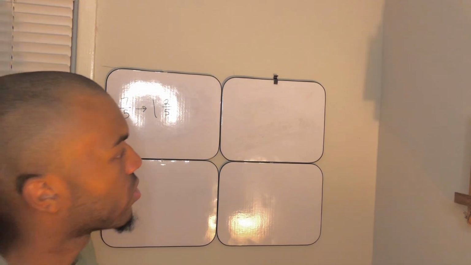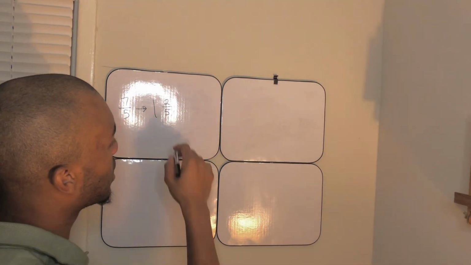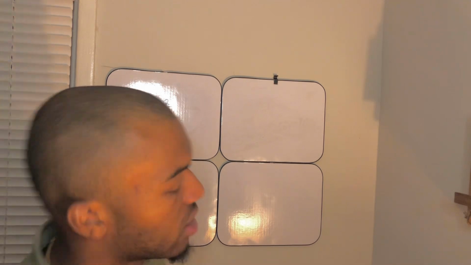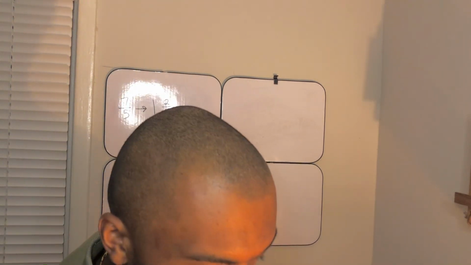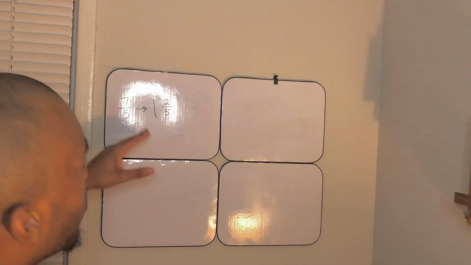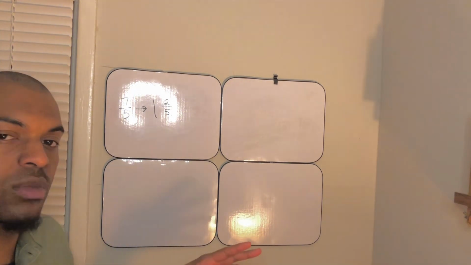I want to explain that real quick. The reason that we keep this 5 is that you want to keep everything in the same way that it started. We started off with this fraction. Remember, the number on the bottom of any fraction is how much it was cut up into.